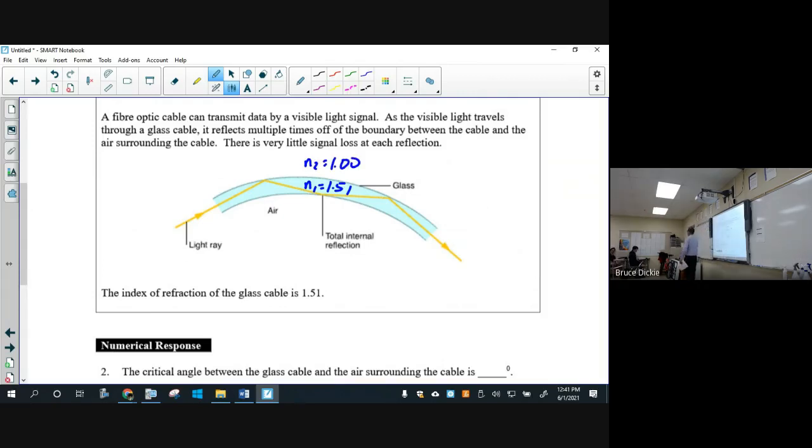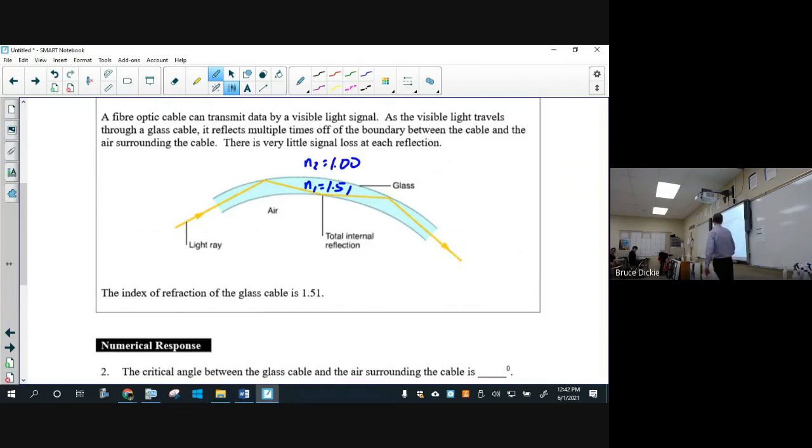It's not going to reflect the other way, right? You couldn't have an air cable surrounded by glass because you wouldn't get total internal reflection there. Reflection has to happen from high to low index of refraction, 1.51 to 1. And you have to be above the critical angle.